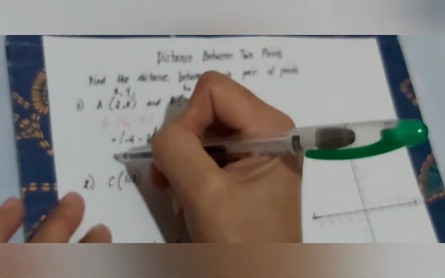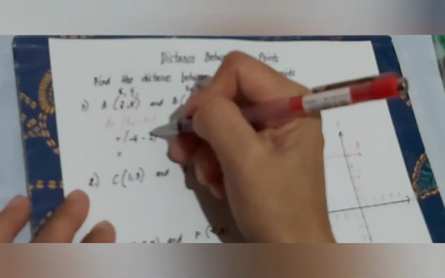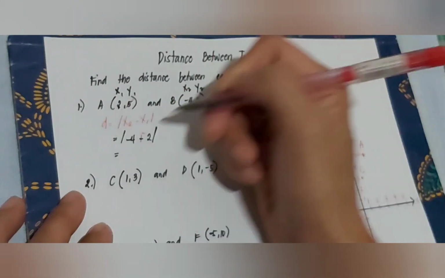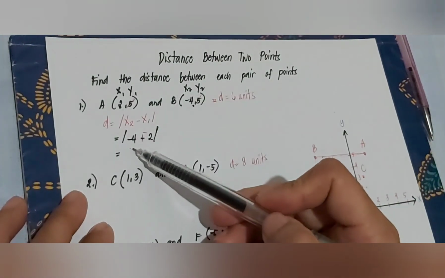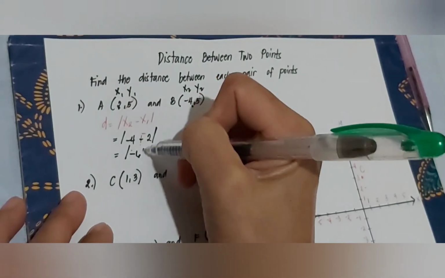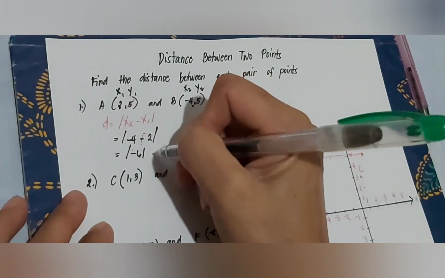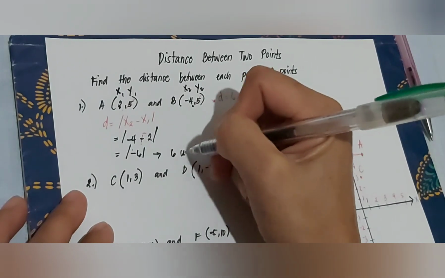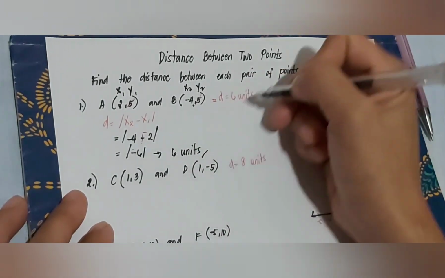Yes. So we change the sign of the subtrahend and proceed to addition. Then we have -4 plus -2, which is -6. And the absolute value of -6 is 6. So we've got it correct.